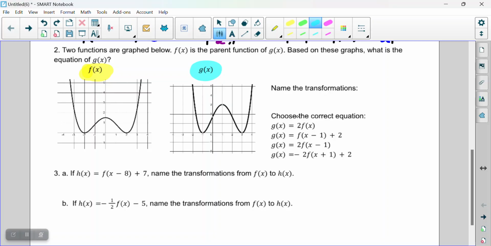Name the transformations. So f is your original. We call that the parent. And g is the transformed. Sometimes we call that the child function. So what are the transformations?